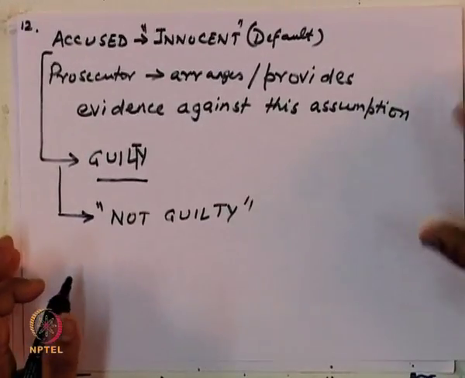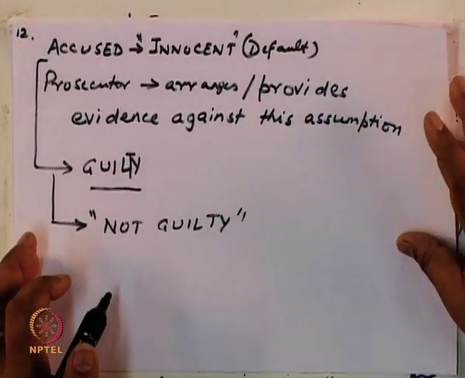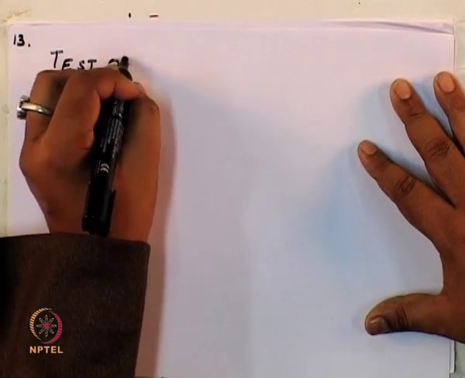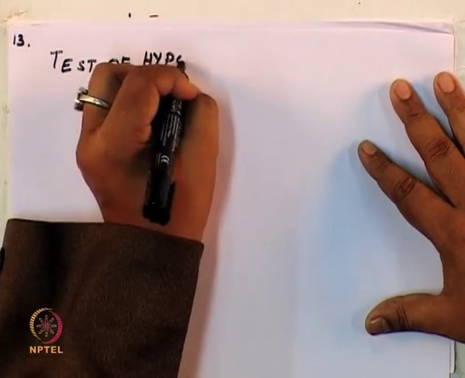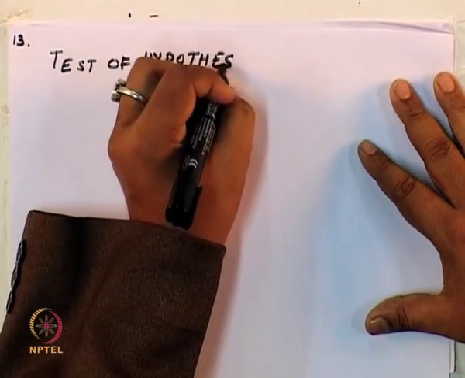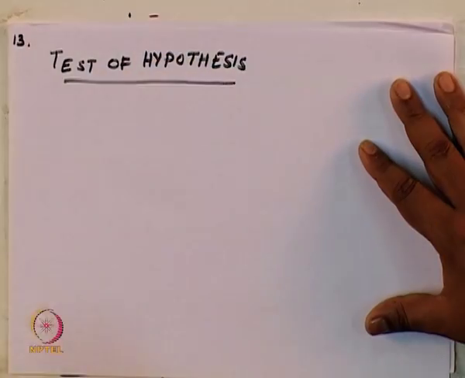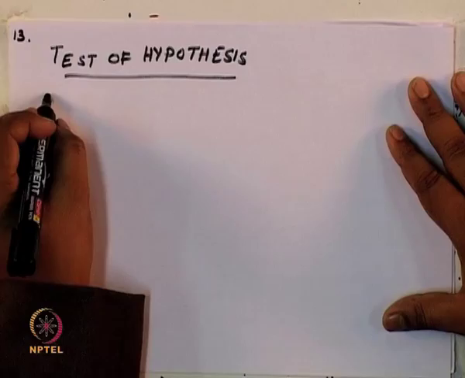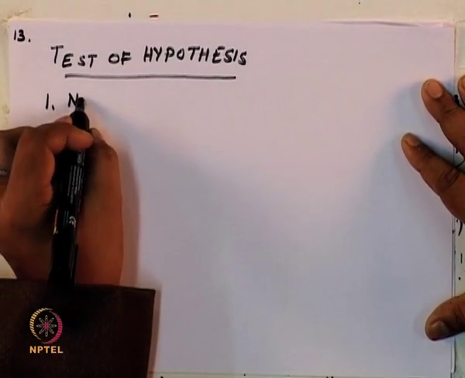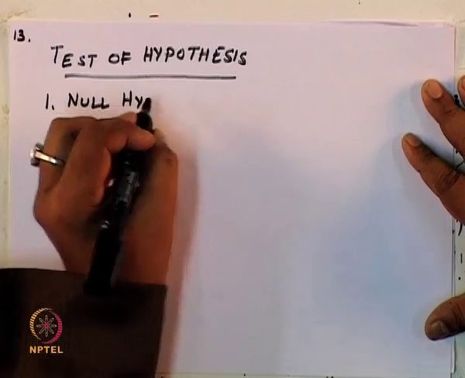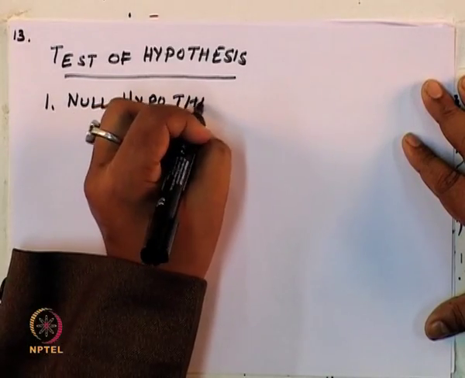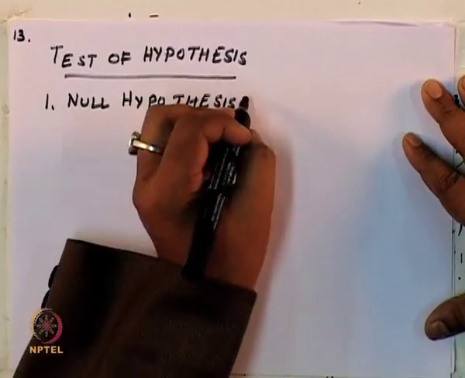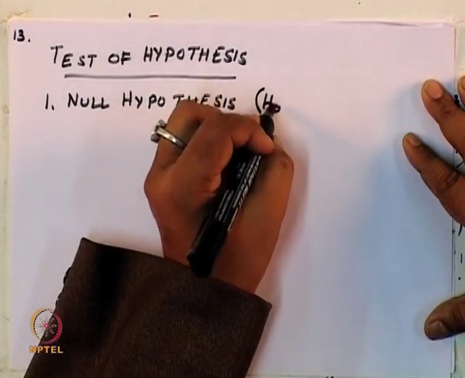So, how do we go about testing a hypothesis? A test of hypothesis has 5 components. One is the null hypothesis, typically represented by H naught.